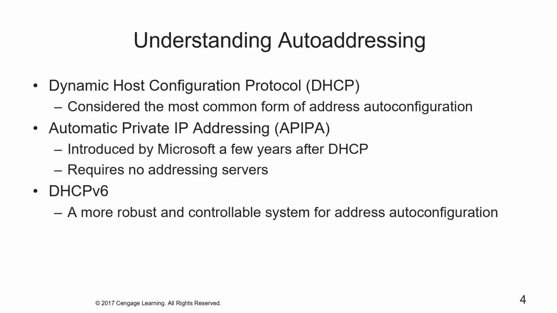And we're going to talk about all of these capabilities and their details in this presentation. So we're going to start with DHCP at a high level, and then move into each of the protocols and their specifics. And when we talk about DHCPv6, it really is a more robust and controllable system for address autoconfiguration.